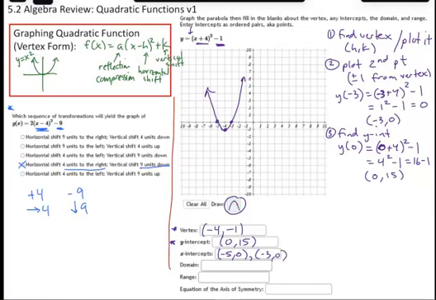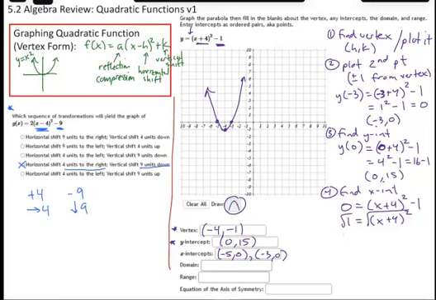However, you won't always be able to do that. If you need to find your x-intercepts, what you're going to do is take your original function and set it equal to 0. So if we replace the y with the 0 and then solve, okay, what we do is add 1 to both sides, extract your root.